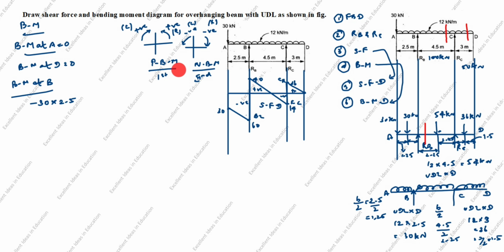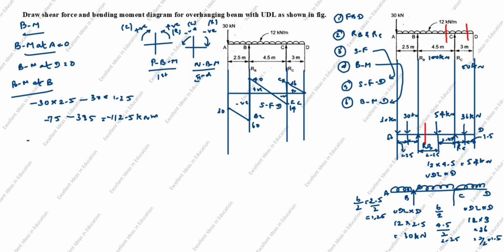This is anti-clockwise. Anti-clockwise is minus 30 into perpendicular distance is 1.25. Minus 30 into 2.5 is minus 75. Minus 30 into 1.25 is minus 37.5, equal to 112.5 kilonewton meter. This is minus.